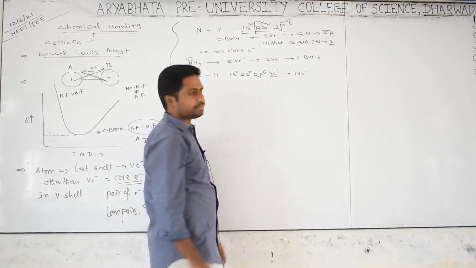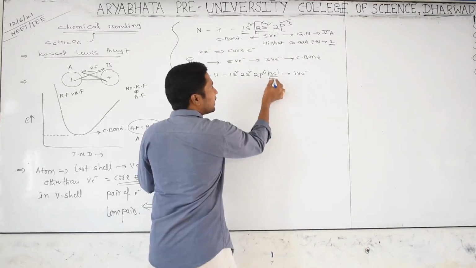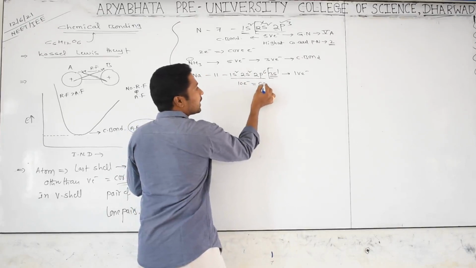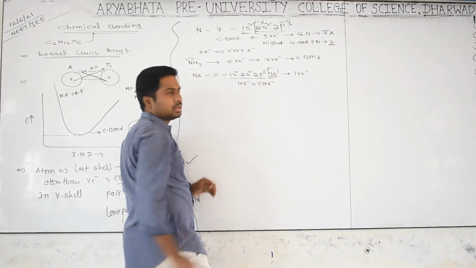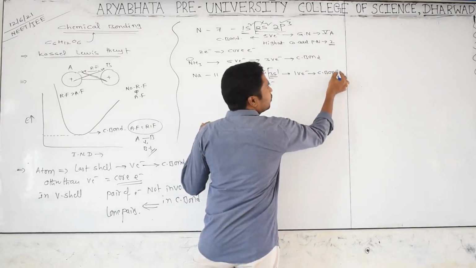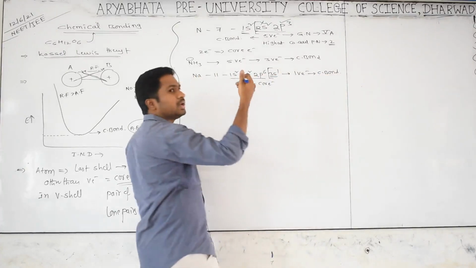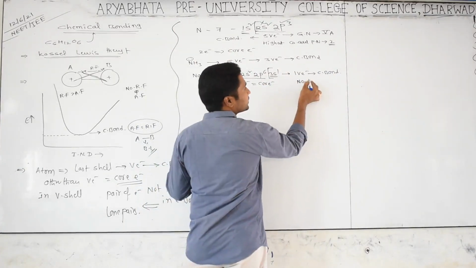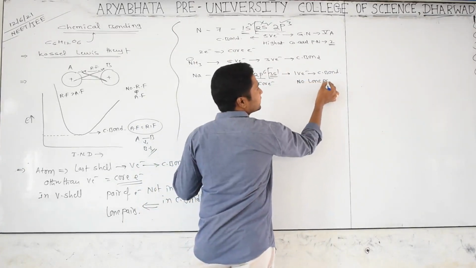And other than the valence electron, 10 electrons will be there, called core electrons. Is there any lone pair? No. Why? Because all valence electrons are utilized in chemical bonding. That's why we can write no lone pairs.